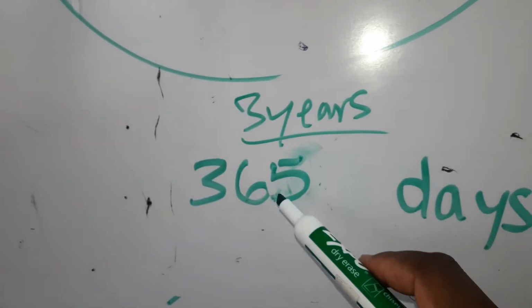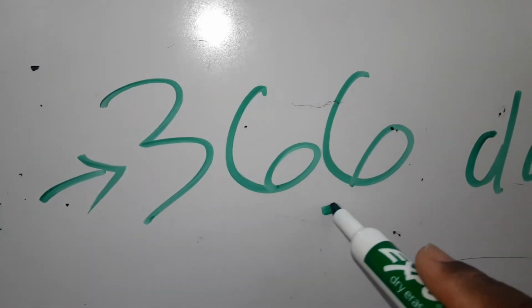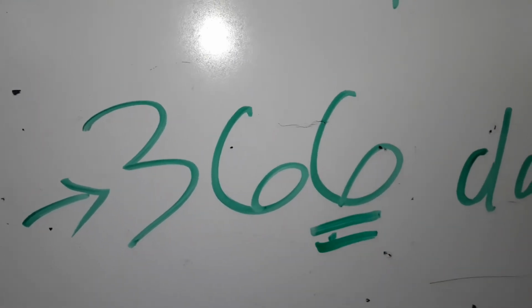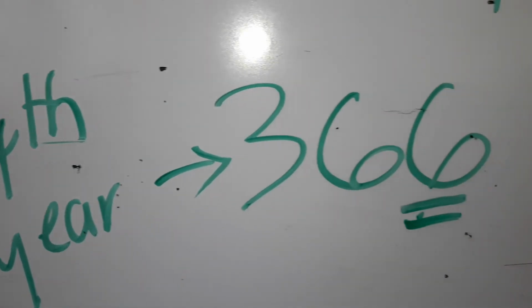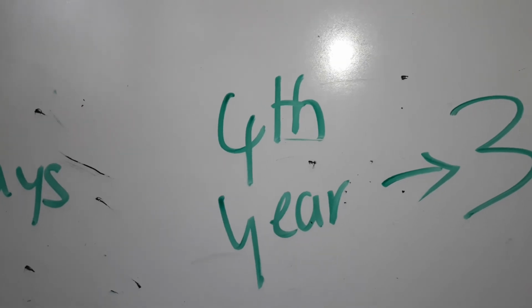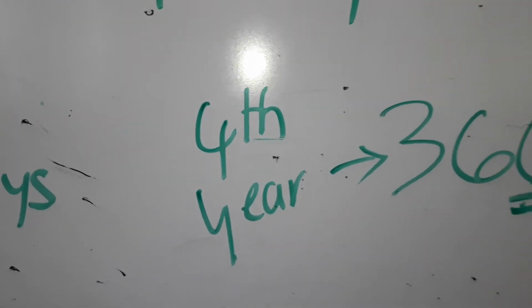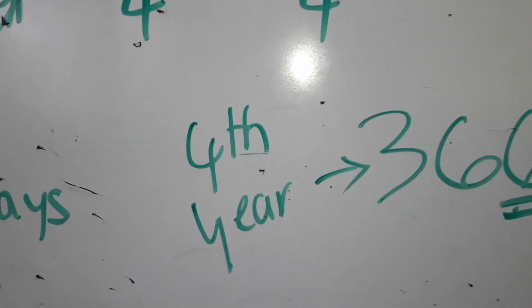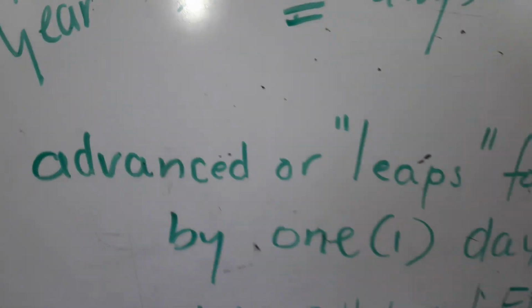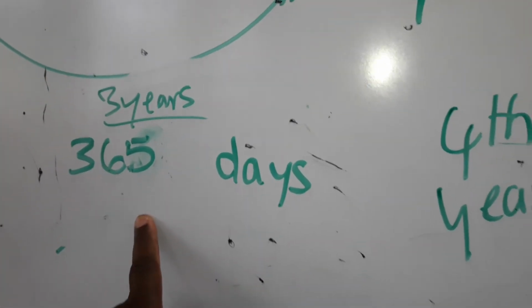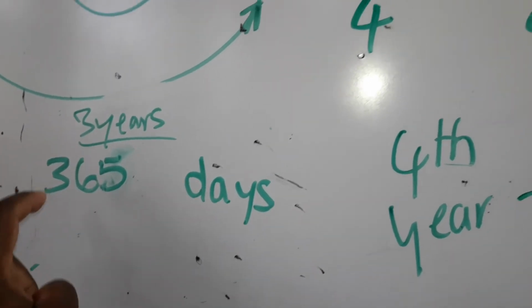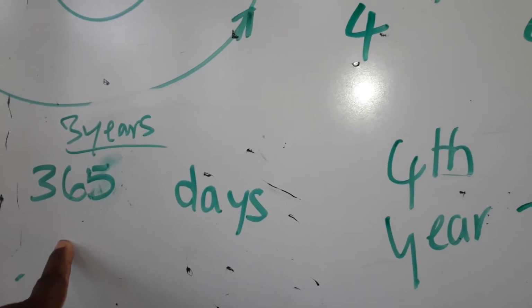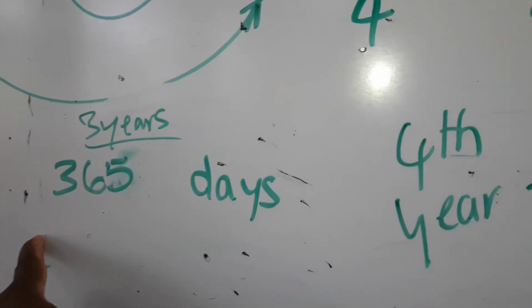Let's go to the board and work it out. So that whole day is added on to the fourth year. We call that year a leap year because last year it was 365, the year before that it was 365, and the year before that it was 365.